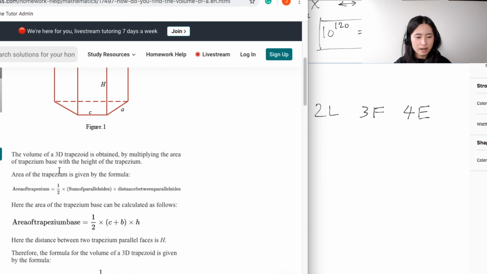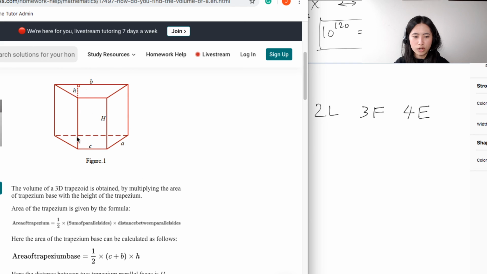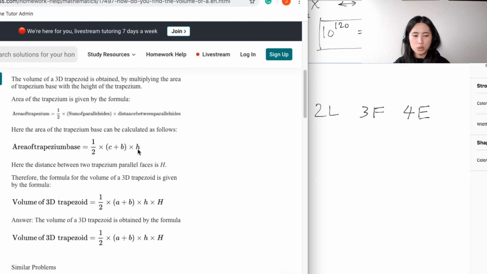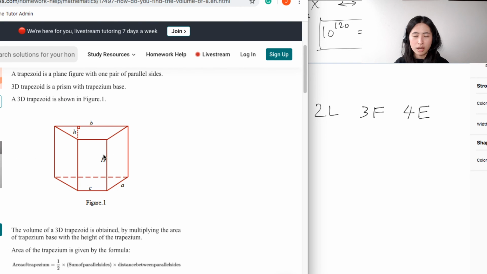So same thing here. So as you can see, they're taking the area of the trapezium base. So this is 1 over 2 times c plus b. So when they're referring to c plus b, it's basically the two legs, right? Because we take the average, right? So this and this divided by 2, then you multiply that to the height. So that's the area of your base. And then all you have to do is you multiply that to your actual height, which is coming from the prism, not the height of your trapezoid.